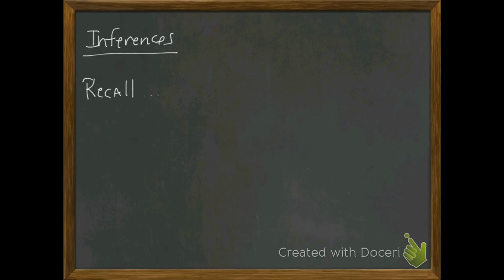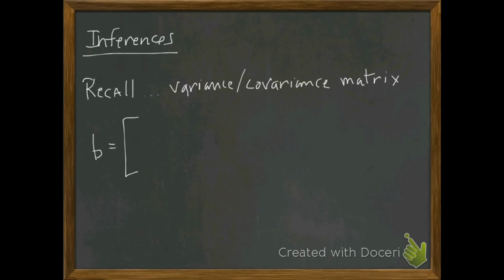Okay, guys, anyway, recall we've talked about something called a variance covariance structure. And remember again, our beta matrix here is beta 0, beta 1.